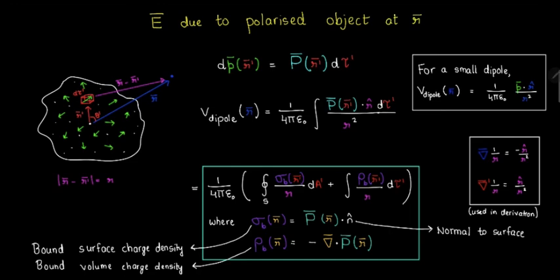A bit about the convention that we use in class: wherever there is a dash, like r dash bar or r prime, the prime variables and prime coordinates represent anything within the region of this polarized object.